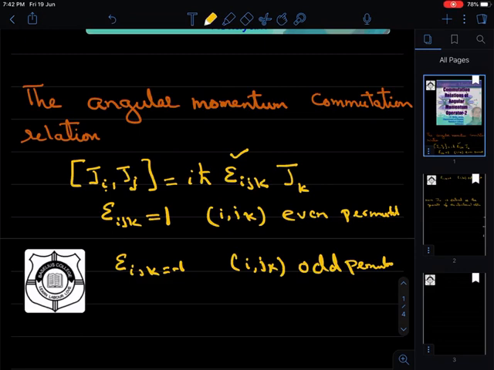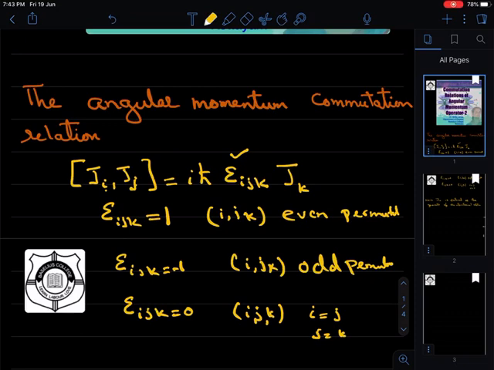We have odd permutations, which means that if it is Jy, Jx, then epsilon ijk will be minus 1. Similarly, if it is Jx, Jz commutation, then epsilon ijk will be minus 1. And epsilon ijk is equal to 0 when any of ijk are equal. So if i is equal to j or j is equal to k, it will be equal to 0.